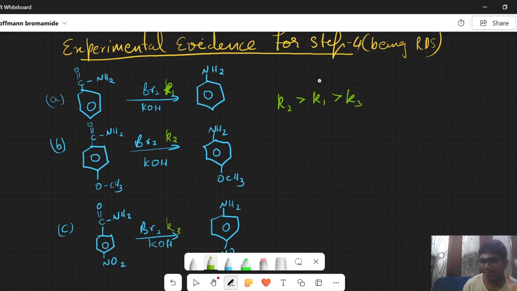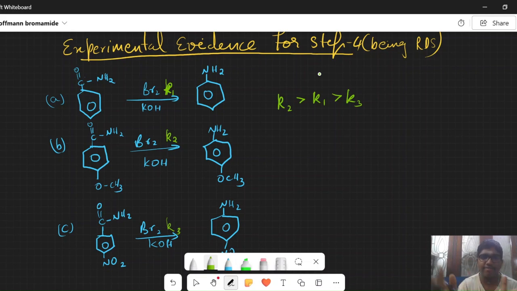This was experimentally determined. Keeping this in mind, we are able to conclude that the electron richness of the alkyl group being transferred to the nitrogen in the fourth step is what determines the rate of the reaction, because a decrease in rate was observed when the electron density in the alkyl group, here the aromatic ring, was decreased.